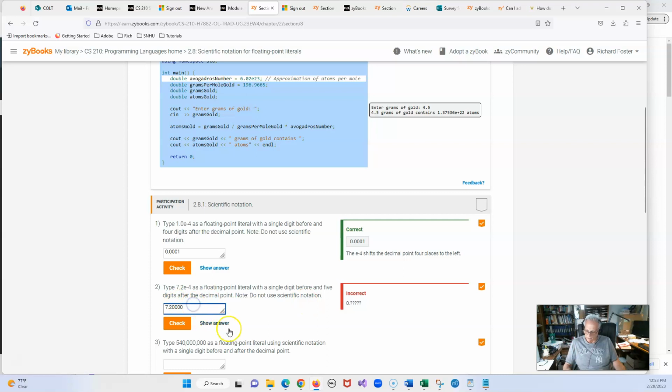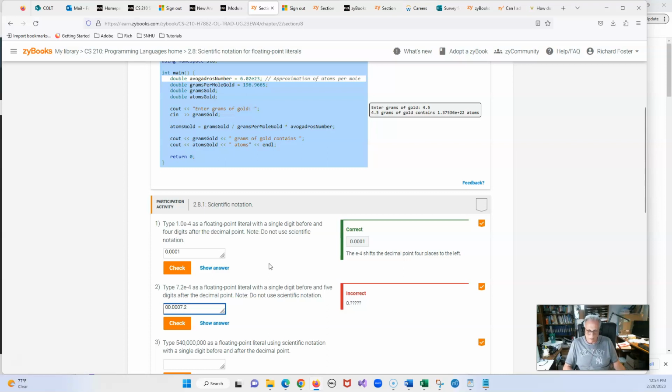So we're going to do basically the same thing. So we have the 7.2, and we need to go back 4. So 1, 2, 3, 4, and I'll add another one just to be on the safe side. So now what we're doing is we're moving the decimal point over 4 more times. So that's 1, 2, 3, 4.